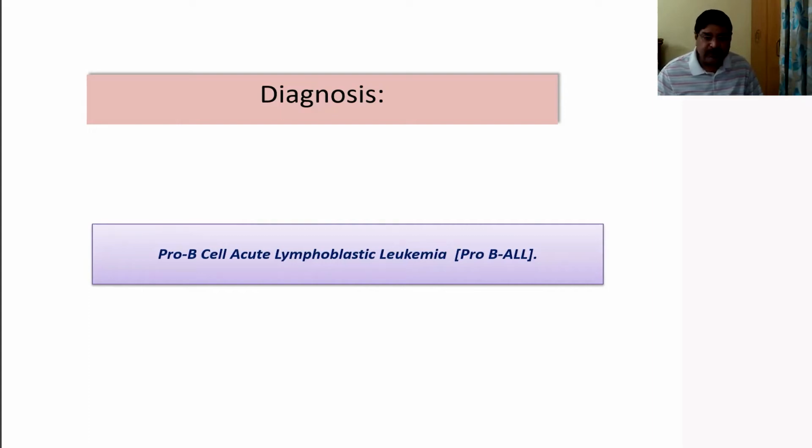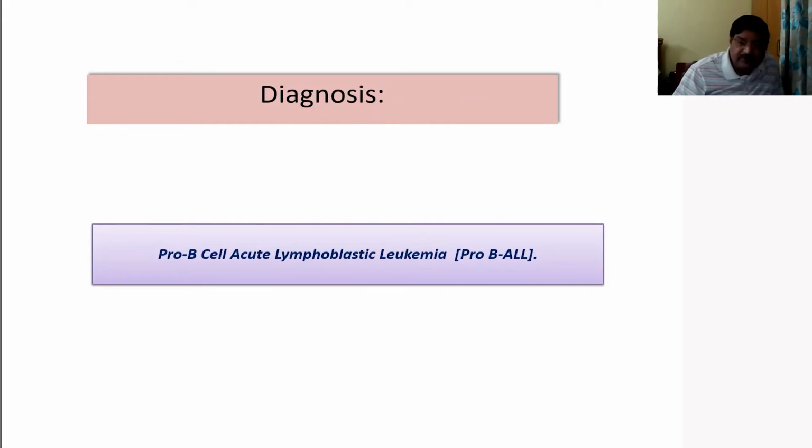Most of the textbooks will write BCP-ALL. In olden days, CD10 used to be called the common ALL antigen, but that terminology is no more used. So this is a pro-B ALL.